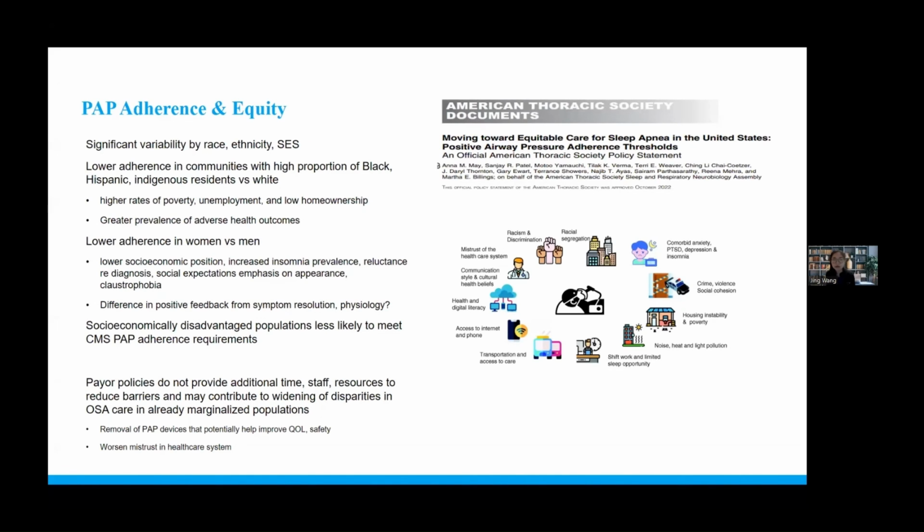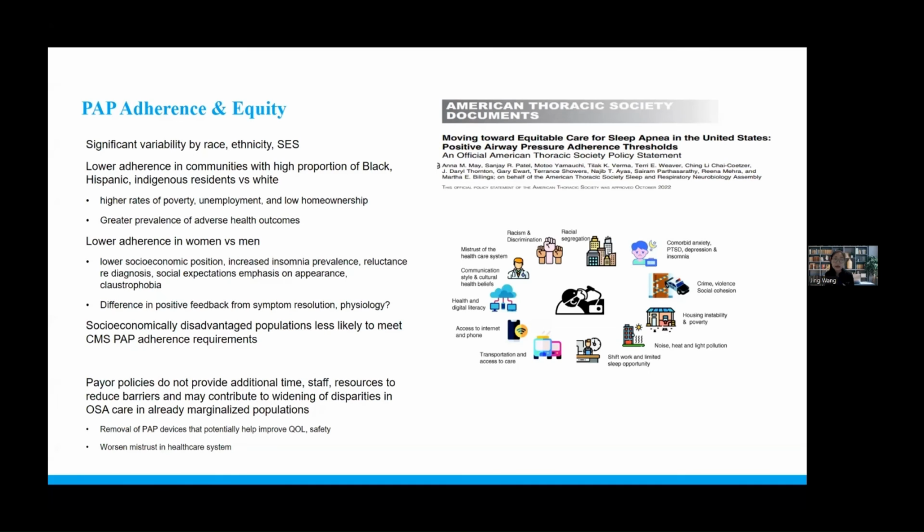It is relevant even for populations like the World Trade Center cohort, because what we know about PAP adherence is that there's a lot of variability across race, ethnicity, and socioeconomic status. Even in these studies done in VA populations, for example, where all the therapies and supplies were paid for, so there's no cost issue, there was still a high variability in PAP usage.